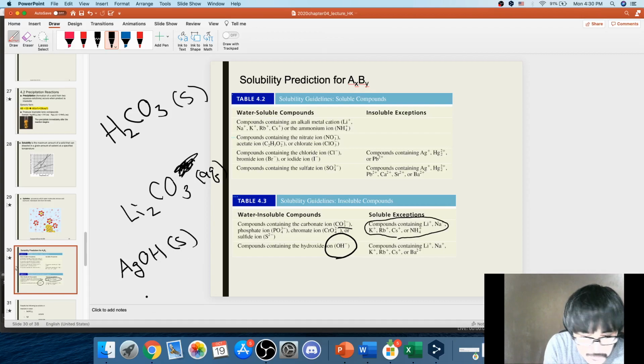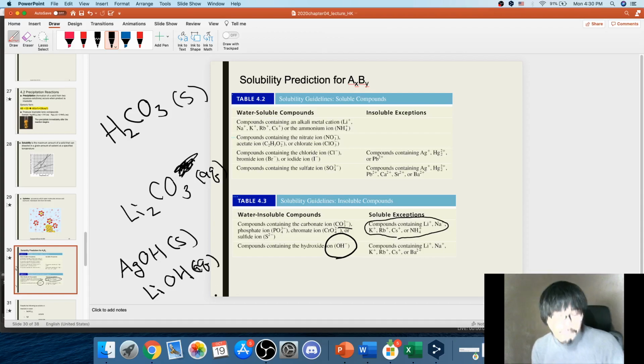But when you combine with lithium OH, that is AQ, it's water soluble. So each time you make the solubility reaction formulas, for all 4 of those chemicals you need to check whether it is solid or AQ.